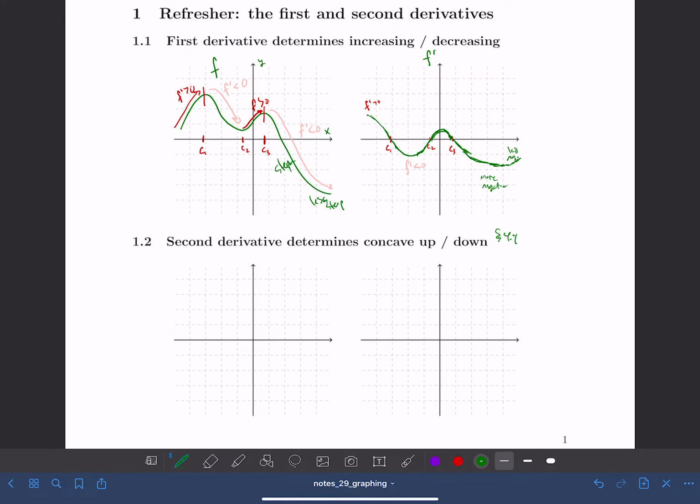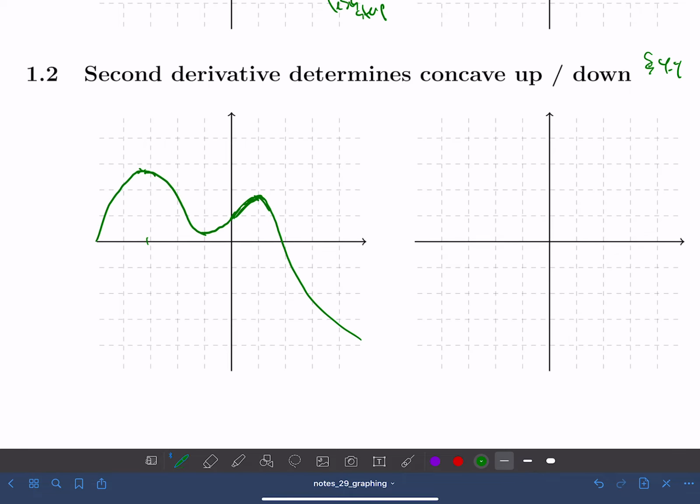There's probably a way for me to just copy, so I'm going to try to recreate my same diagram, my same function that I had, because it seemed like it was pretty good. It's not going to be perfectly the same, and that's okay. All right, let's take that as what it is.